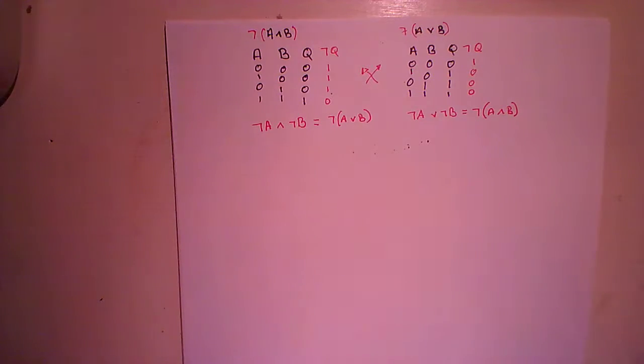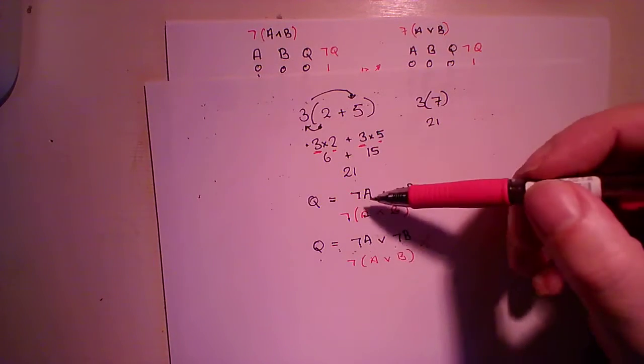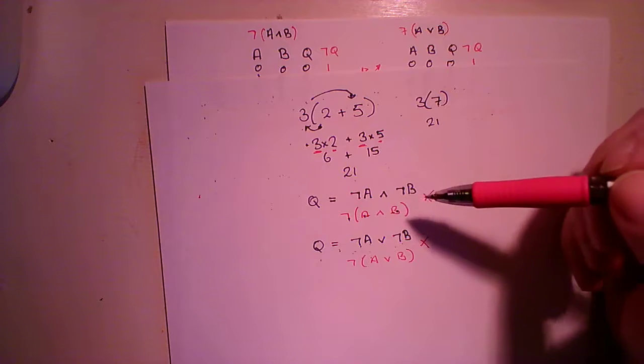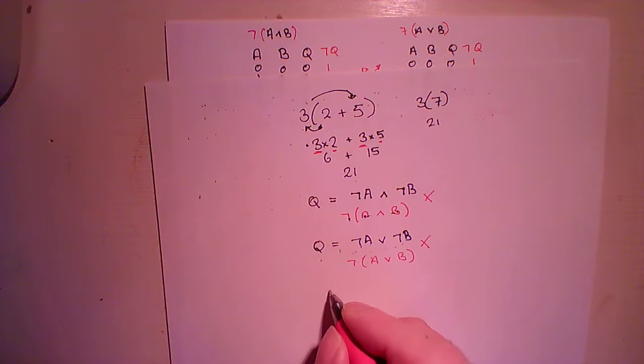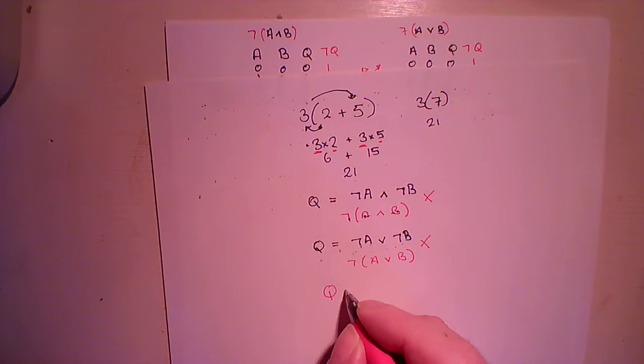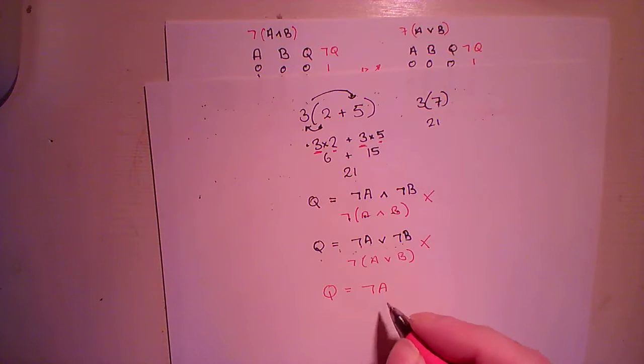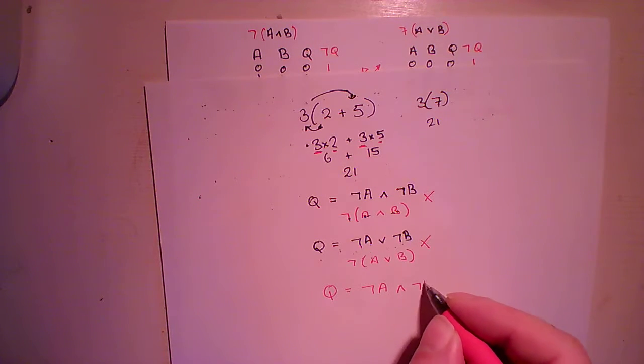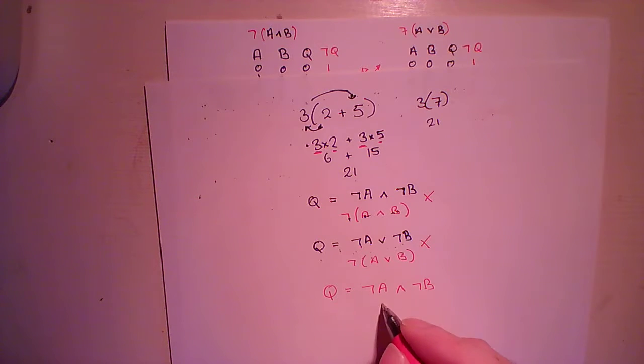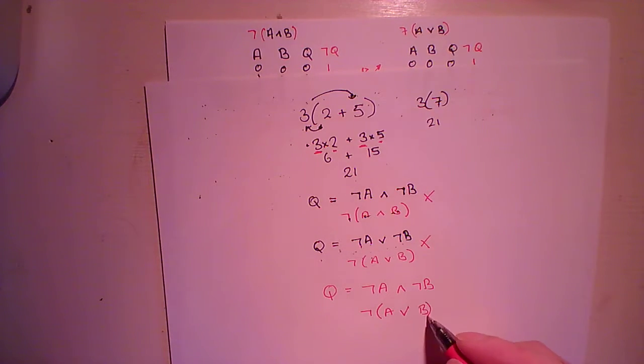We can't just look at moving the knot outside and using brackets. So what we're saying is that if we have Q equals not A and not B, to use brackets with A and B, we would use the opposite operator when we move the knot outside of the bracket.